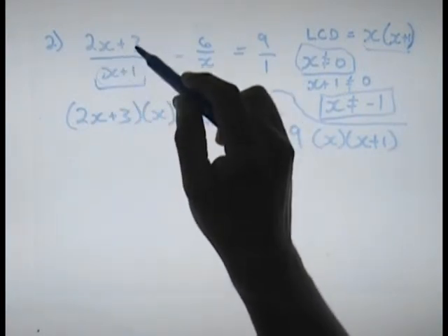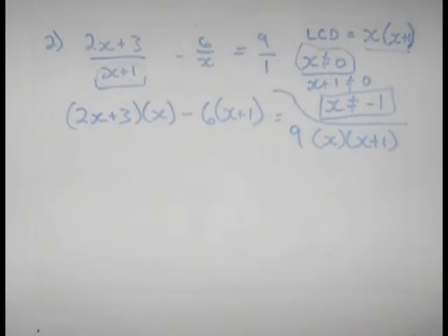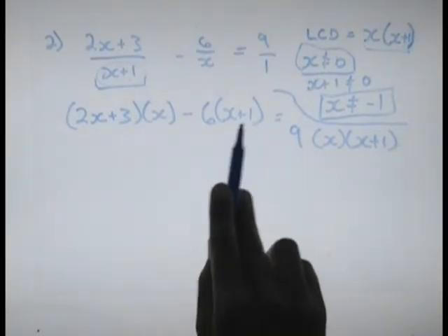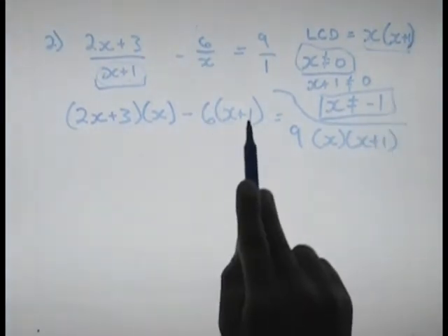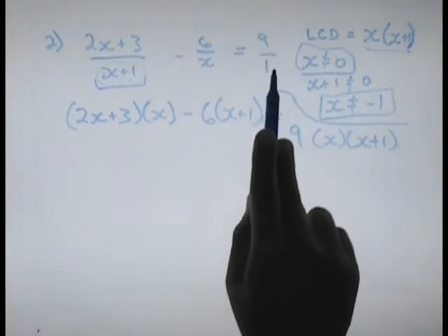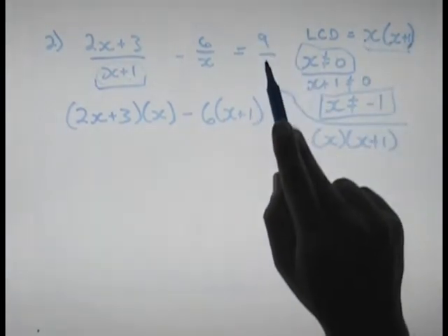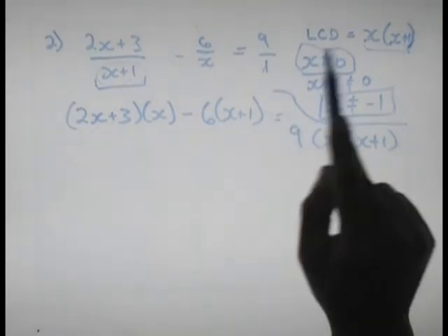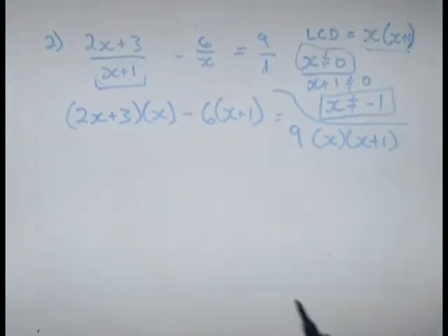That 2x plus 3 will be multiplied by x because I had to multiply x by that. Same thing with that one over there. I had to multiply x by x plus 1. What I do to the bottom, I do to the top. With the 9, the LCD was x plus 1. I had 1, so I had to multiply this by the whole LCD, which is why I got to that.